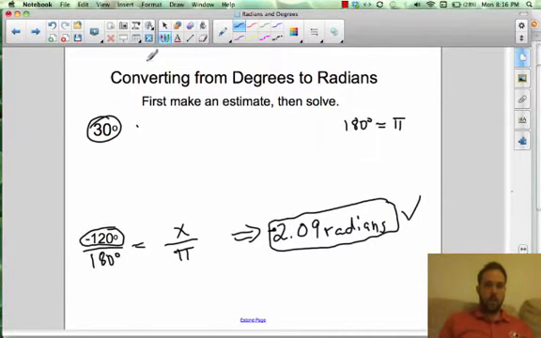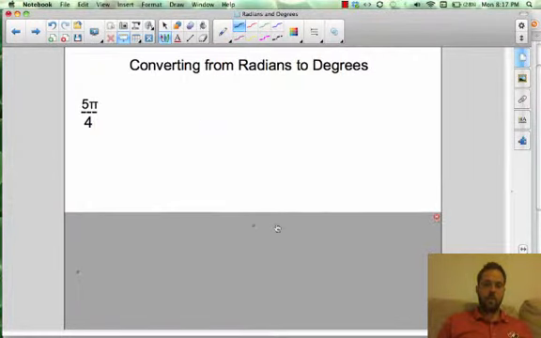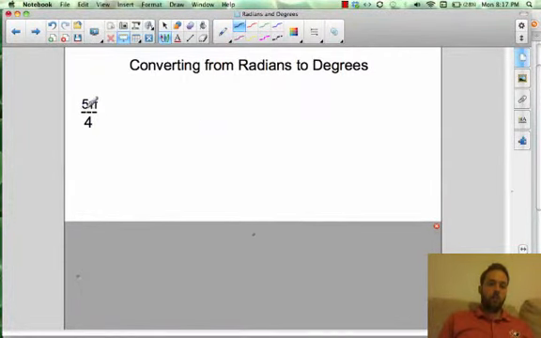Alright, so let's move on, and now we are going to work backwards. We are going to convert now from radians to degrees. Now I love when they give me a problem like this and ask me to convert this to degrees, because it has this pi symbol right in it, and this is the easiest way to solve one of these.